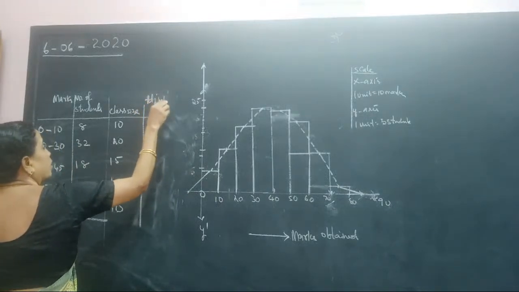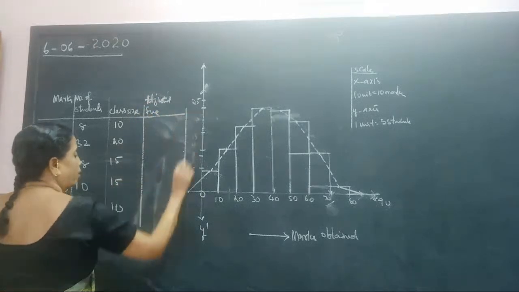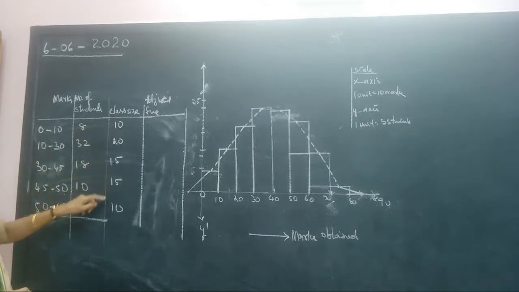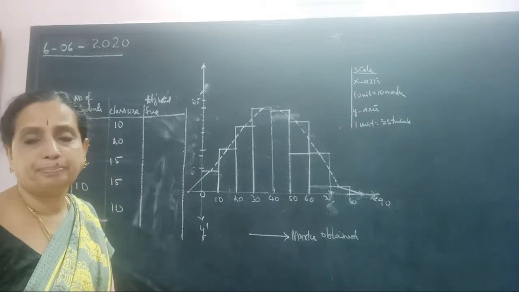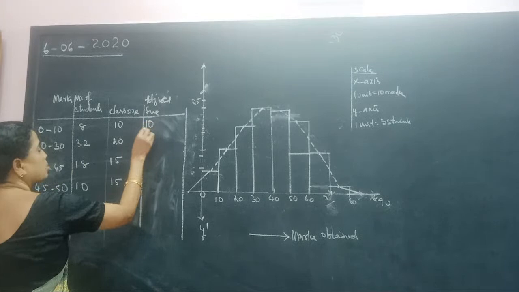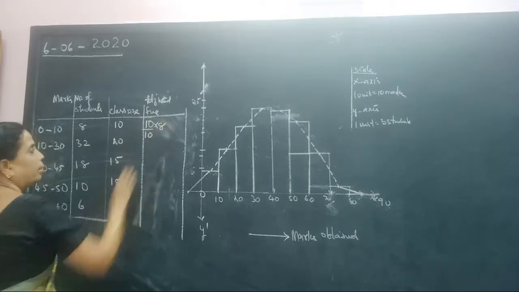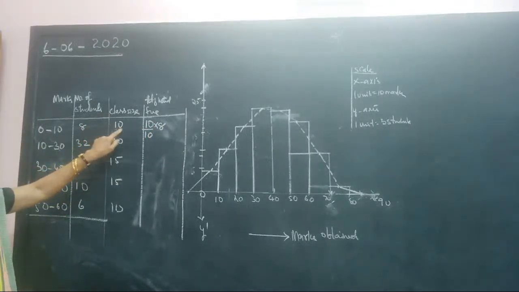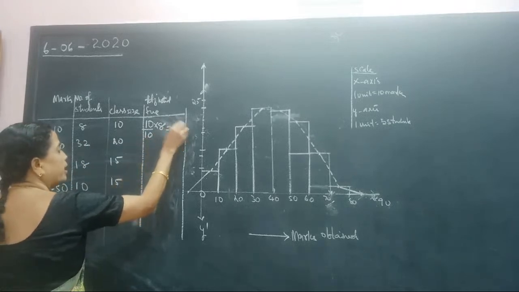Among the class sizes 10, 20, 15, 15, 10, 10 is the minimum class size. Adjusted frequency is the minimum class size divided by the corresponding class size, into the frequency. Here the frequency is 8.